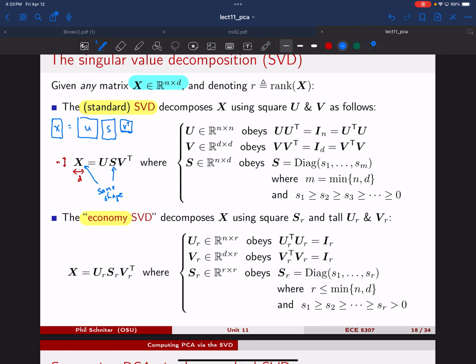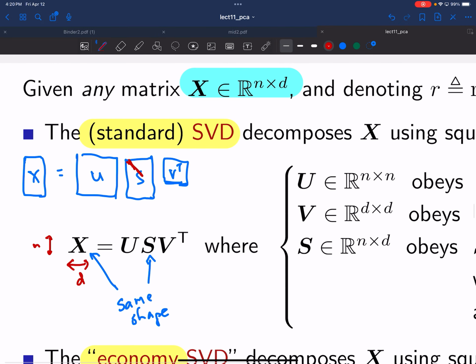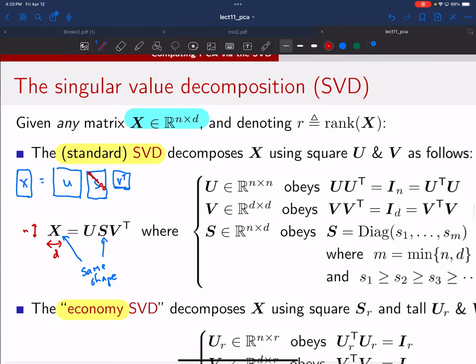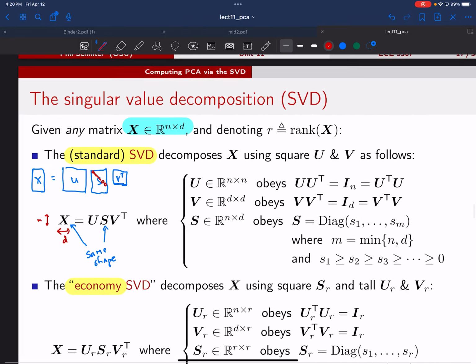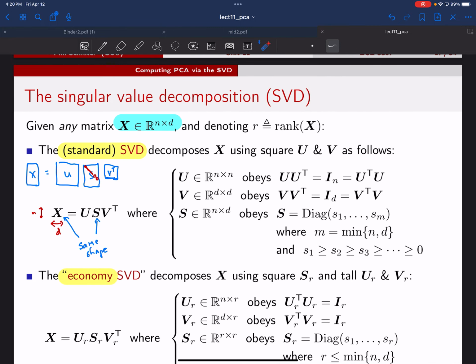Now we said that S is diagonal, so it has elements along the diagonal here that are non-zero, but all the other elements off the diagonal are 0. In fact, in this case, you could have certain of these diagonal elements also be 0. Another nice thing about the SVD is that it sorts all these diagonal entries.